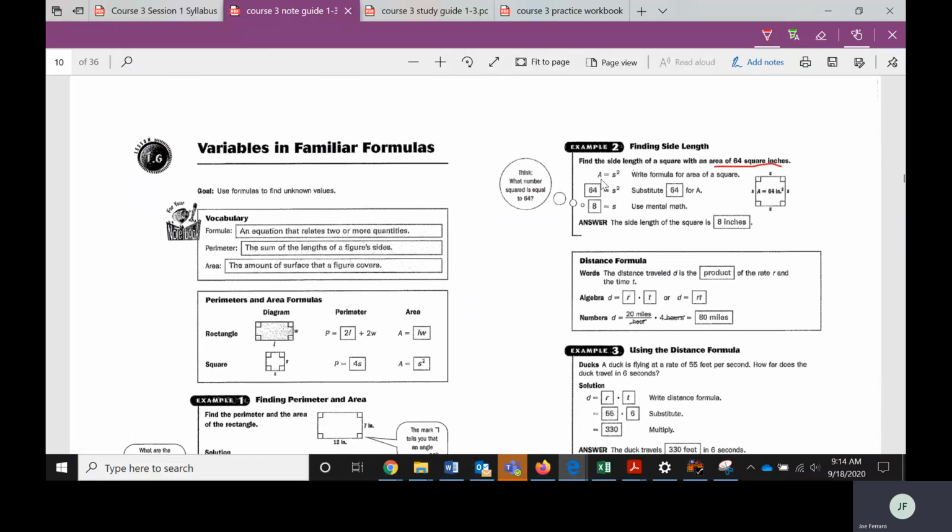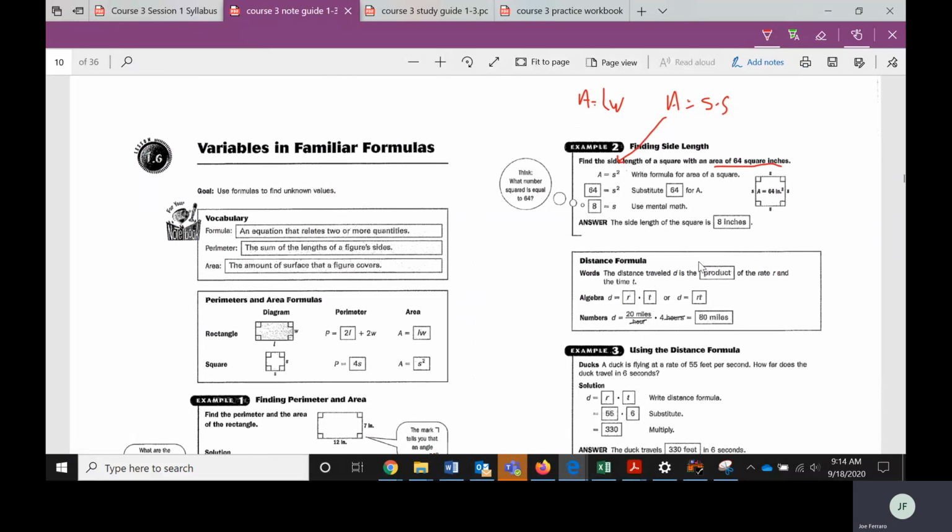The area of a square is the same as the area of a rectangle, which is length times width, but with a square, both the length and width are the same thing. So they say it's side times side, which gives you A equals S squared, because S times S means S squared.